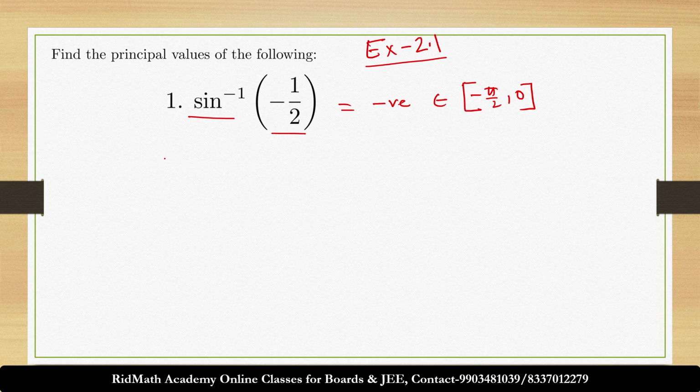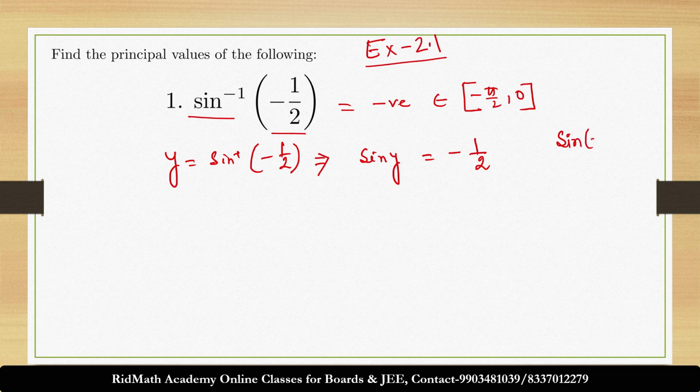So let's take y equal to sine inverse minus half. So that implies sine y equal to minus half. So we already know that sine minus theta equal to minus sine theta. And in the previous slide, we have seen that if x is negative, then sine inverse x belongs to minus pi by 2 to 0.